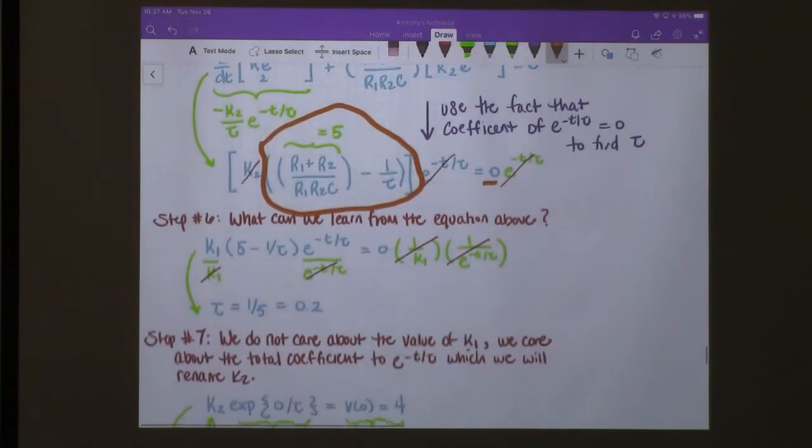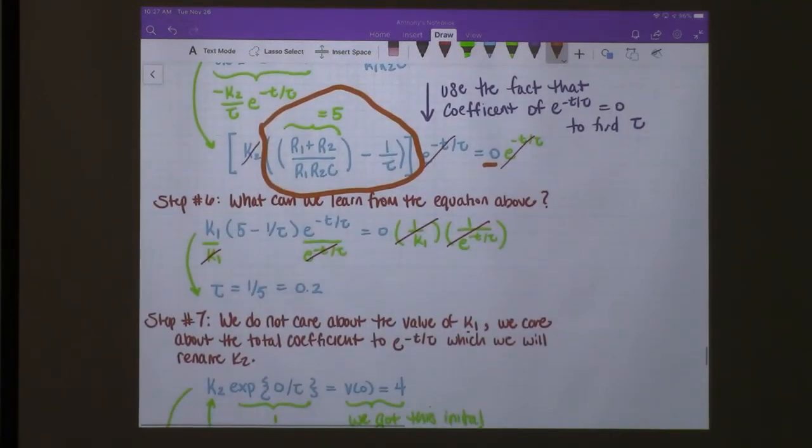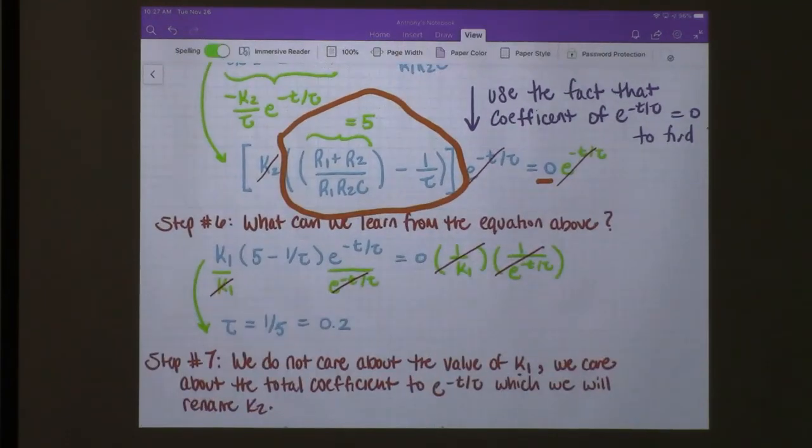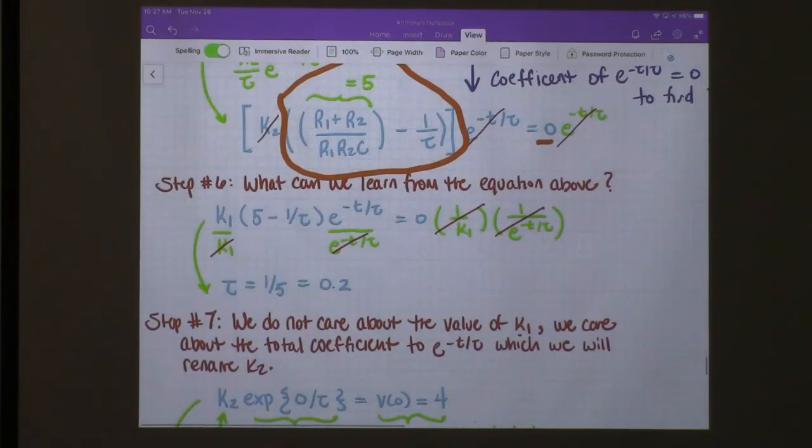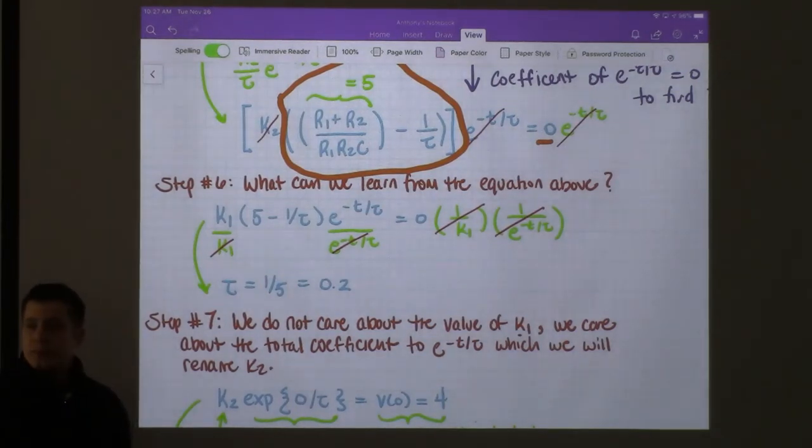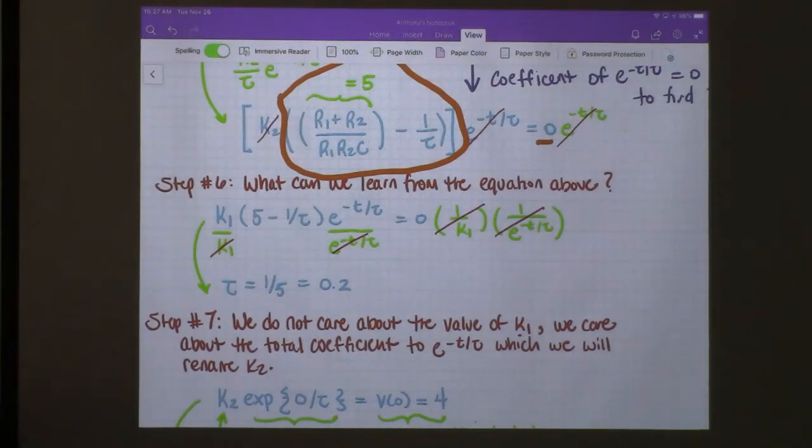And so when we do that, we see that tau will be equal to 1/5, or 0.2. Okay, so we got one of the values.